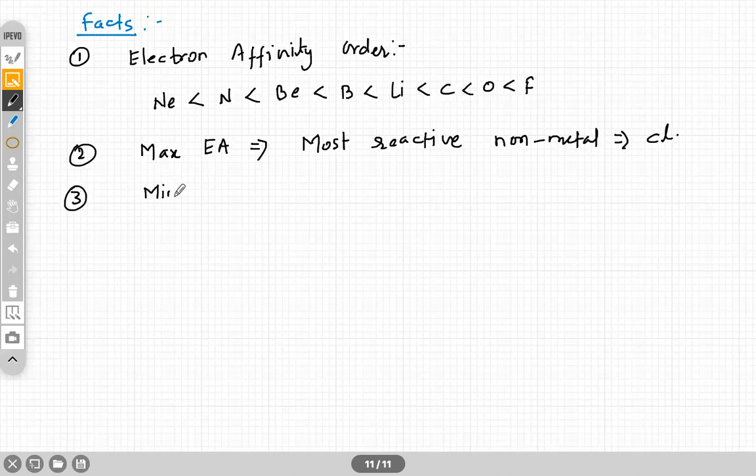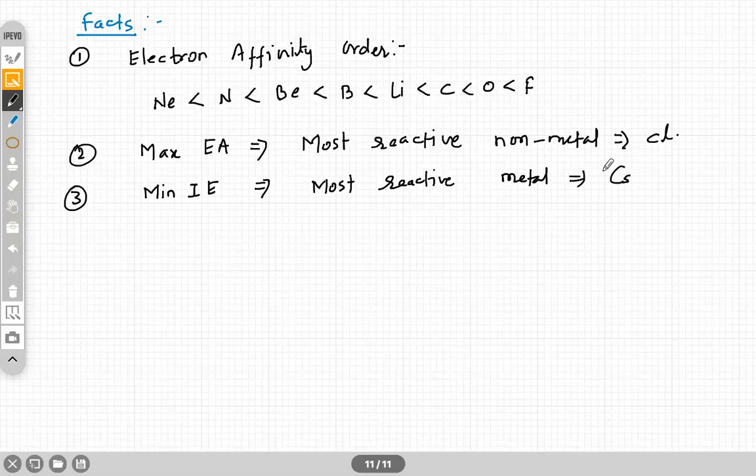Minimum ionization energy is for the most reactive metal, and the most reactive metal is cesium. All these questions they have asked.